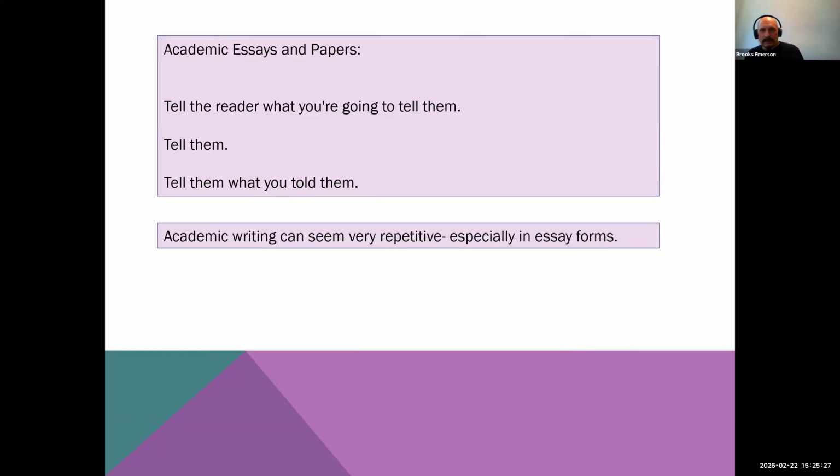Basically, first you tell the reader what you're going to tell them. That's your introduction. Then you tell them, that's what's called the body. And then you tell them what you told them. That's the conclusion. So you can see that already, it's repetitive. So let's start with the paragraph.